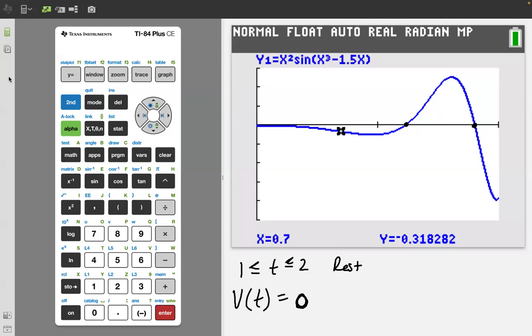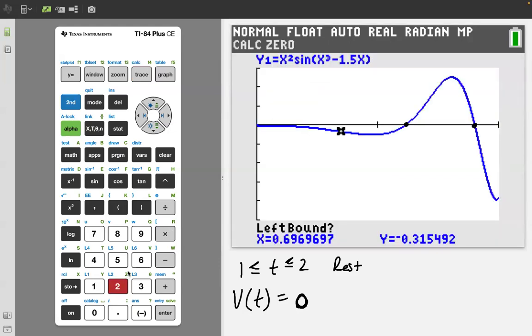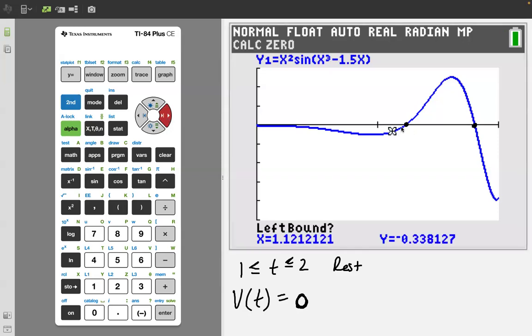You use the calculator. So again, most things are in the calculate menu, which is second trace. And we're looking for where the graph crosses the x-axis, which is a 0. So 0 is option 2. It's going to ask you for left bound. Left bound means you bring the cursor clearly to the left of the x-intercept here.